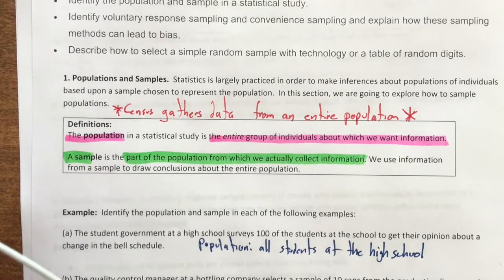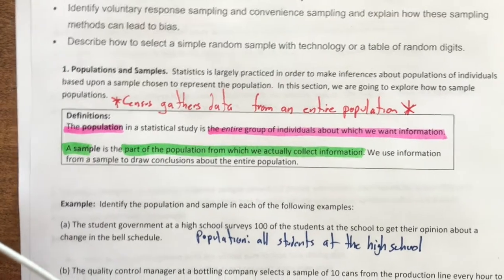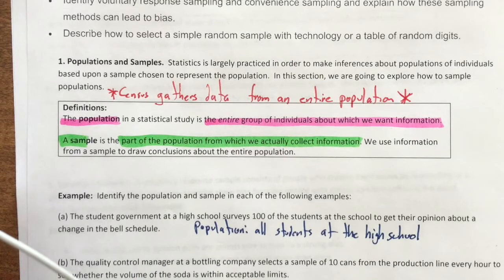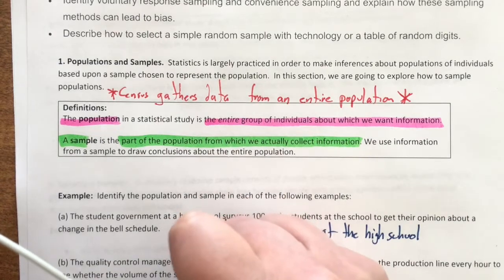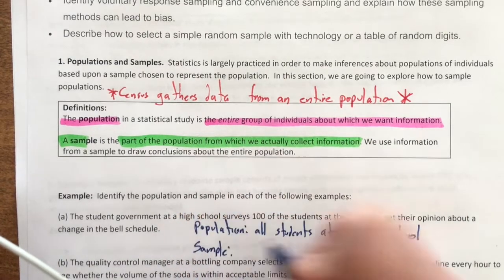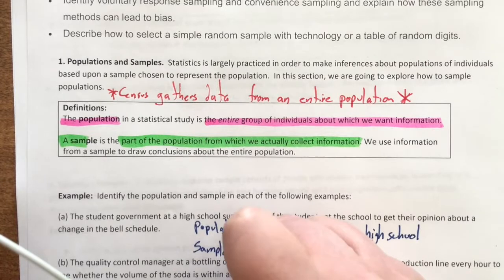So therefore, what did we use as a sample to be able to find information out about our population? Well, if we go back and read, it says they surveyed 100 students at the high school. So the sample is the 100 students chosen.